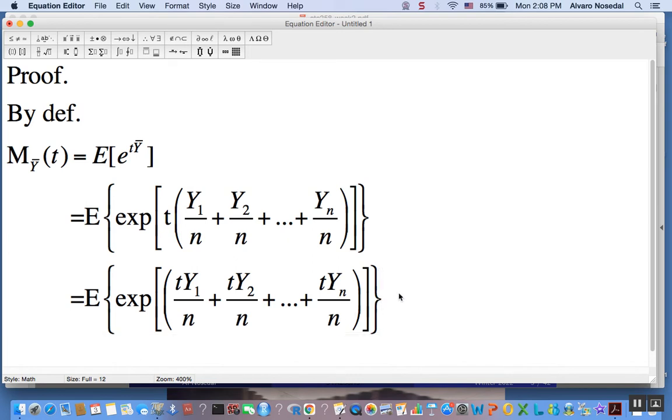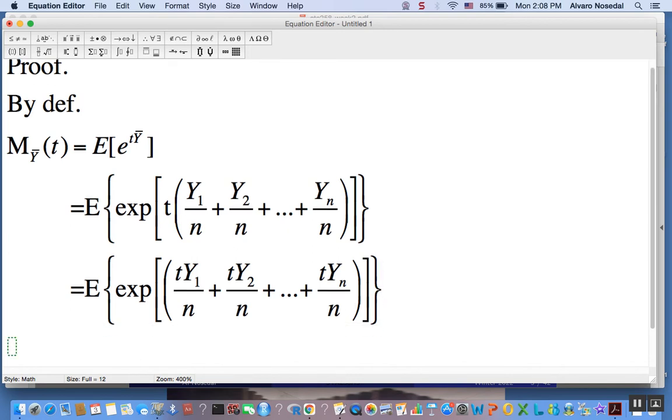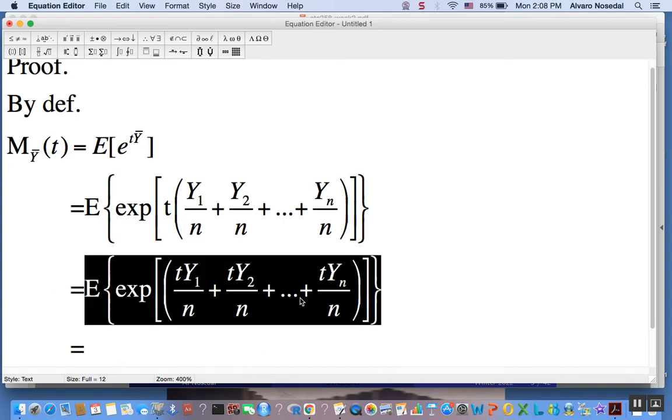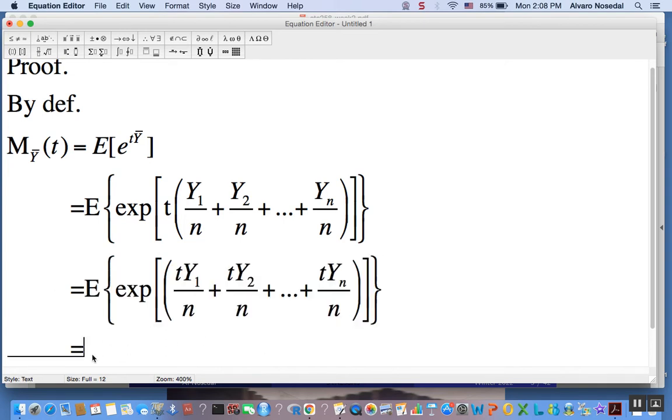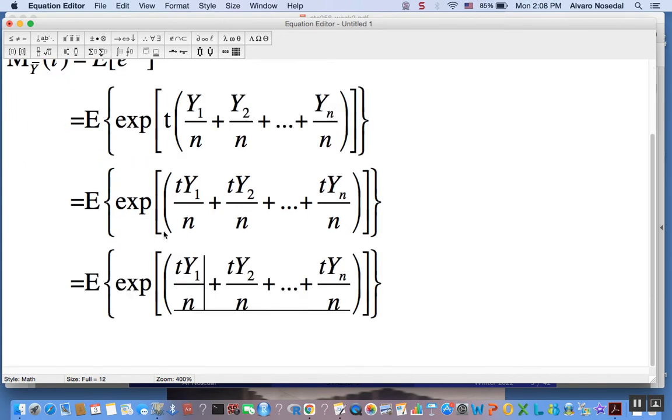Now, this would be the same as the expected value of, let me copy paste this, e to the power t times y1 divided by n plus t times y2 divided by n, dot dot dot, t yn divided by n. We could re-express this as a product of exponentials.